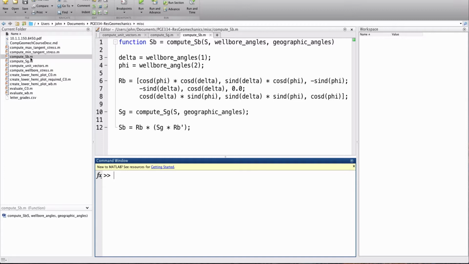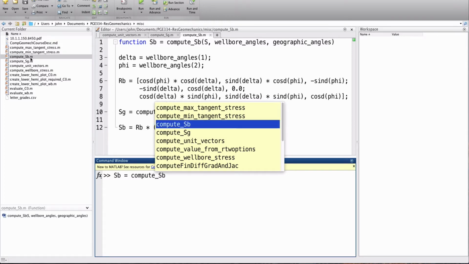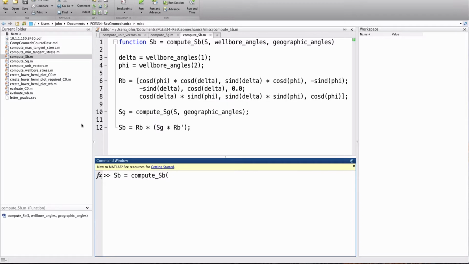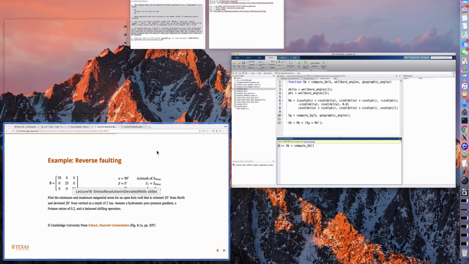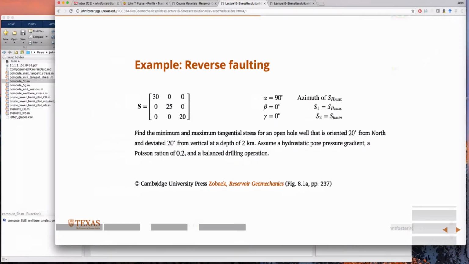So for this problem, SB equals compute SB with the arguments. So it takes the principal stress tensor, which is 30, 25, 20.